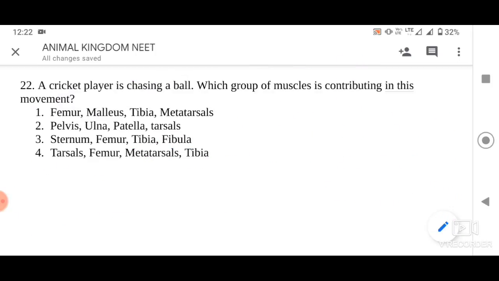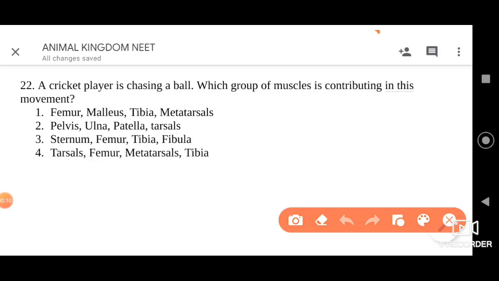Next we have: a cricket player is chasing a ball, which group of muscles is contributing in this movement? Here when a cricket player chases a ball, we need to identify what muscles will be in movement. Yes, it's an interesting question, dear students.